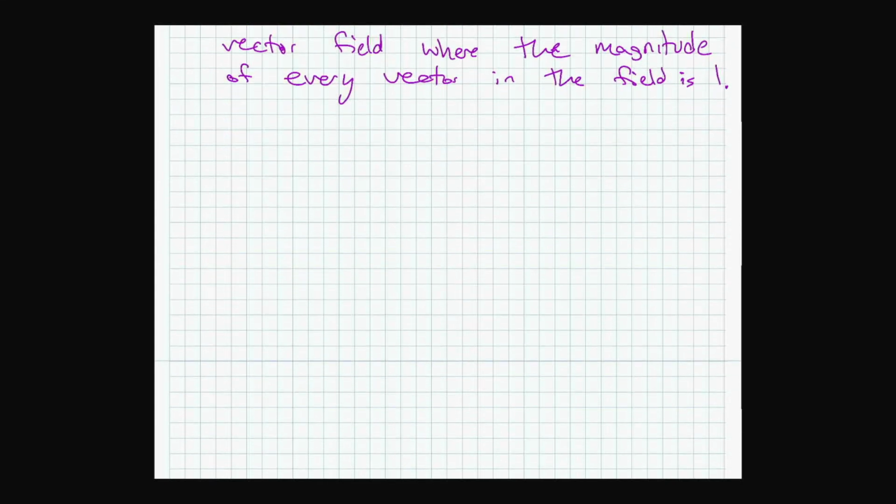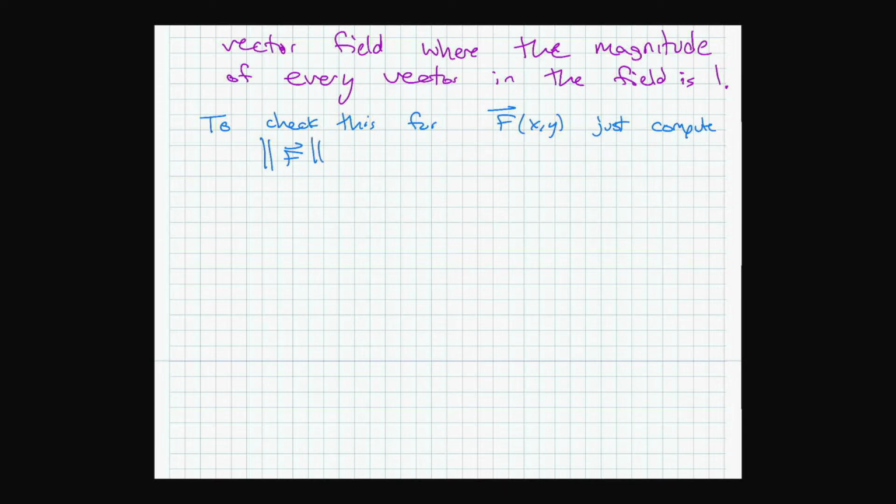Okay, very simple definition. It's easy to check as well. What you do to check is you're just going to calculate the magnitude of the vector field. So to check this, for f of x, y, just compute magnitude f.